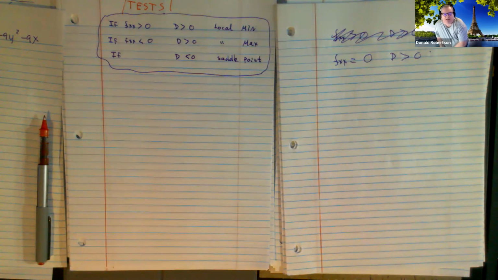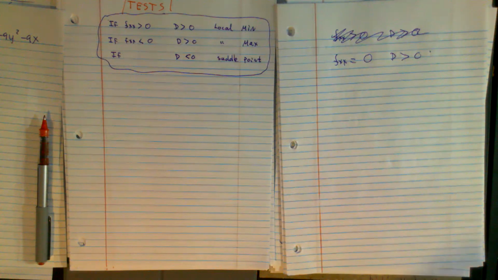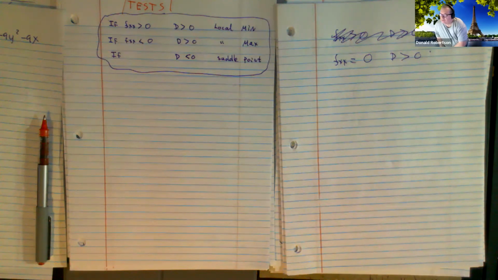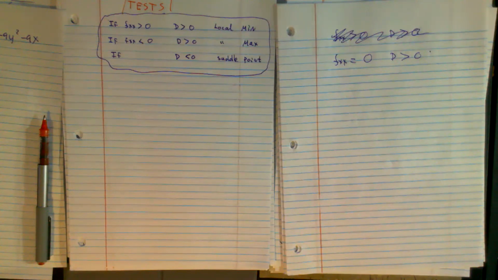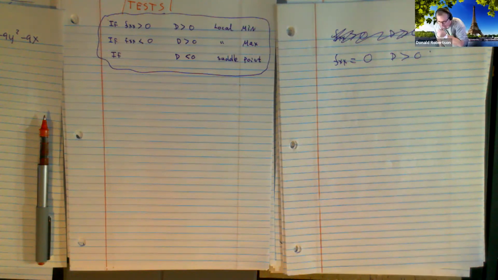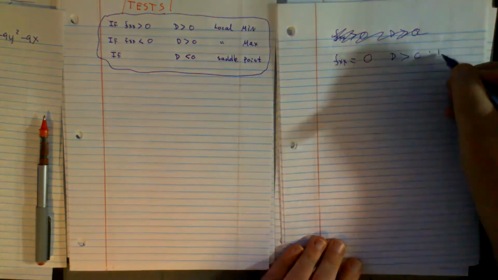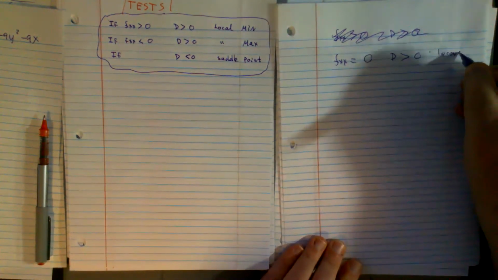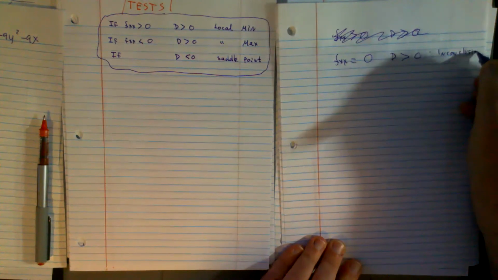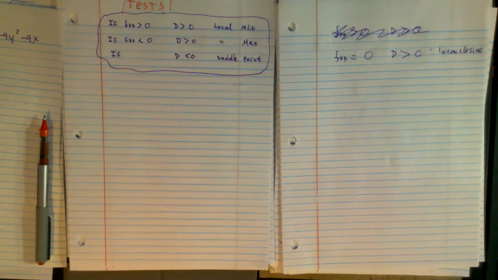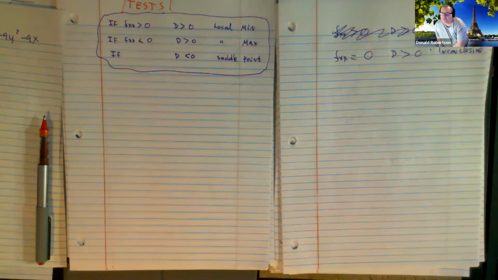Could you make any speculation on local max, min, or saddle point? Just because to be able to determine if it's a local minimum or a local maximum, it has to be either greater than or less than 0. So that is an example of what we would say is inconclusive, right?